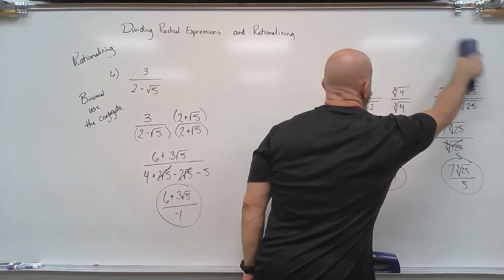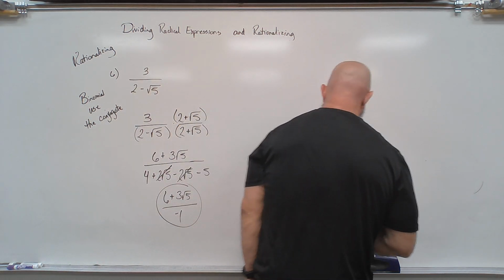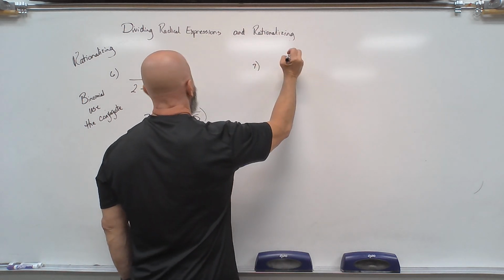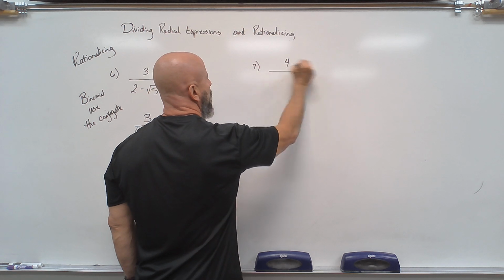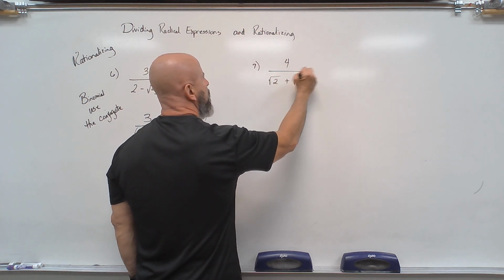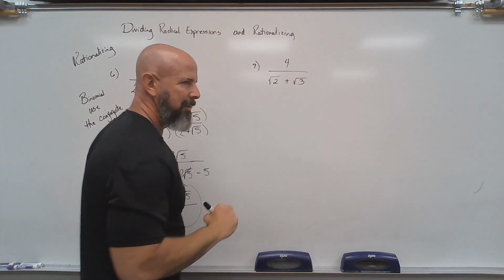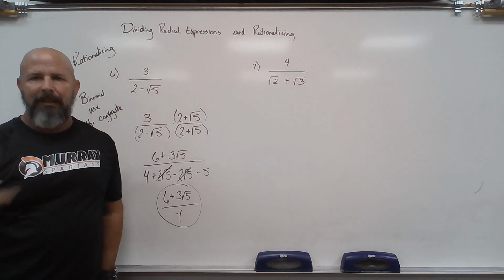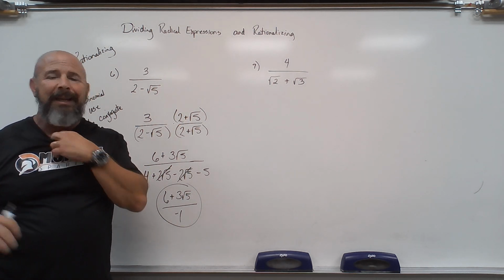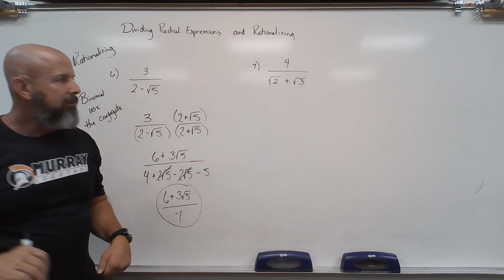Let's do another one with a binomial. This time I'll put 2 radicals down there. Let's go 4 over root 2 plus root 3. Can't simplify the fraction. I need those radicals out of the denominator.